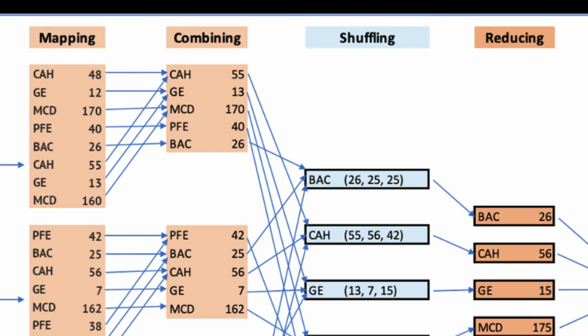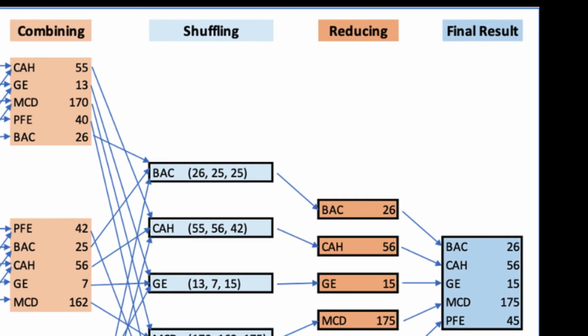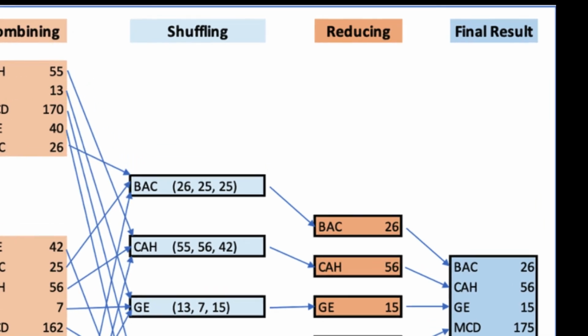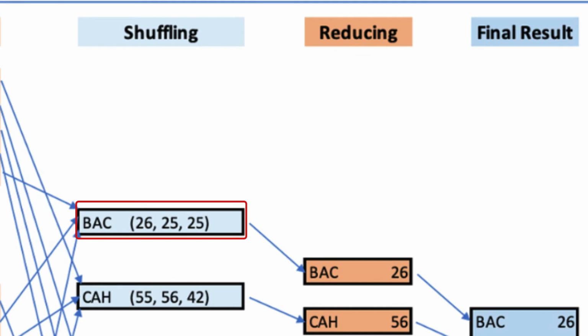Actually, there is a shuffling process that happens between mapping and reducing, where each key is associated with a list of values. So these will come in this order to the reducer, and the reducer will take each of them, make the comparison, and always keep the maximum price.